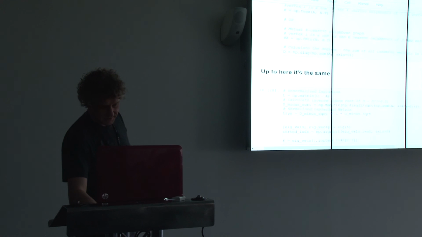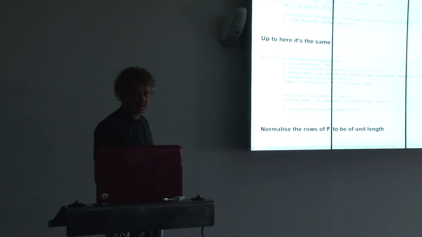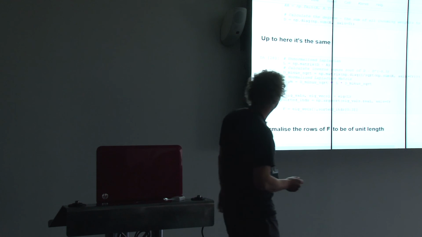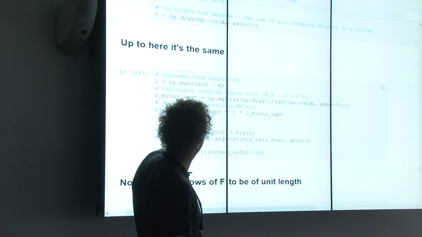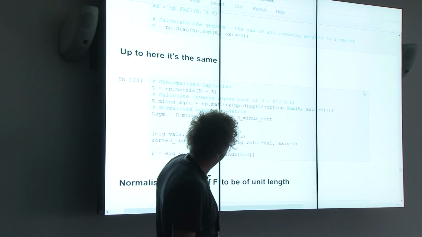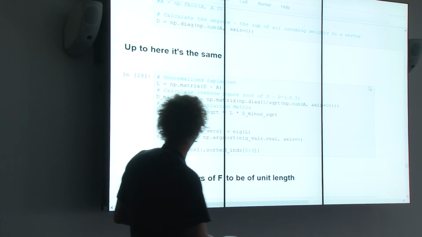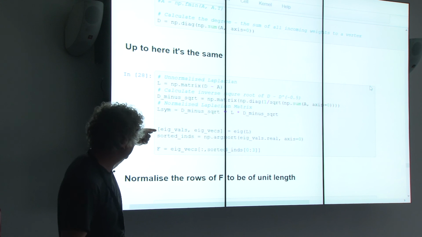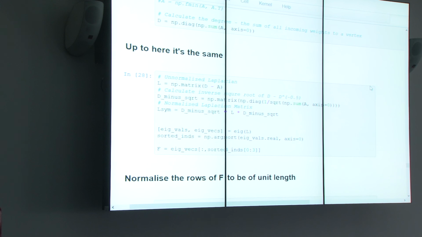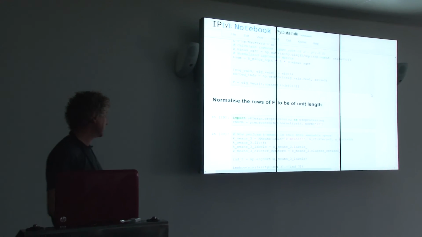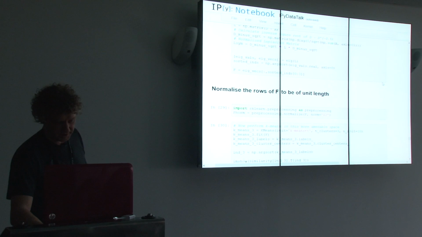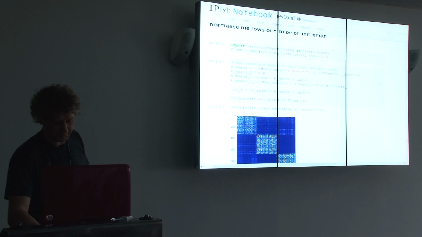Then the difference in this instance is that we pre-multiply by the inverse square root of our degree matrix, and then post-multiply by it. And there's also an extra step, which is that we have to normalize the rows of our new representation prior to performing k-means clustering in this nicer space for working in.